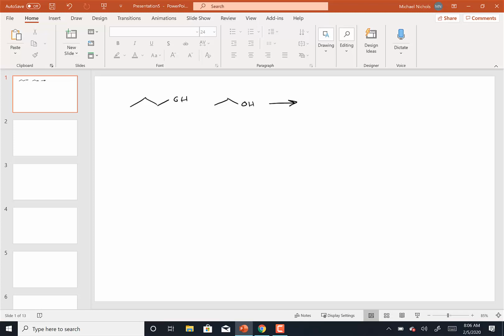If the system was set up for a tertiary alcohol and a primary alcohol, then the first thing I would need to do is recognize that these two OH groups are both nucleophiles. And so I need an electrophile to make that reaction happen, which means that I would need an H+.